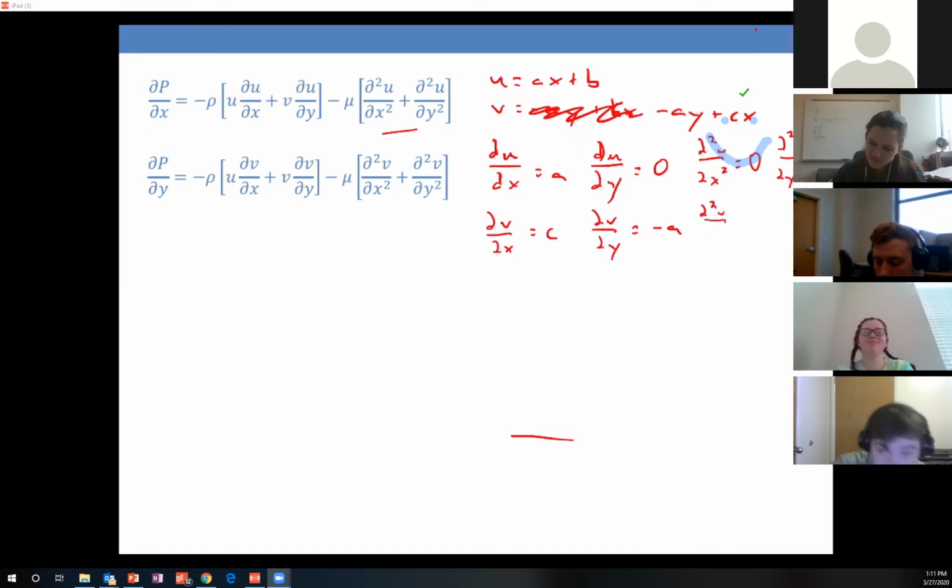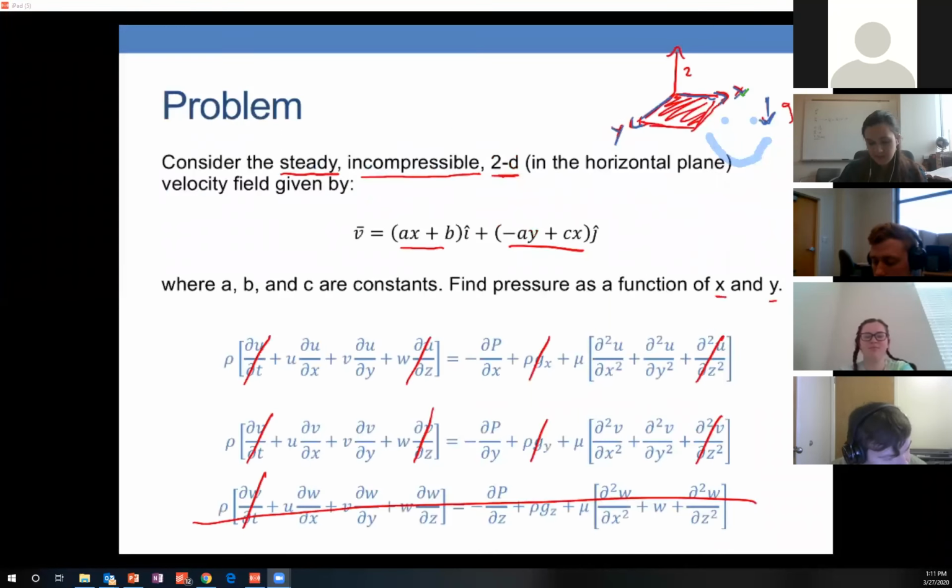Question. I know in this case they're all 0, so it doesn't matter, but should it be a positive term in front of the mu, or is it negative? It is negative because what I did is I solved for dp dx, and this is negative, so I put it over on that side. Oh, I see what you mean.